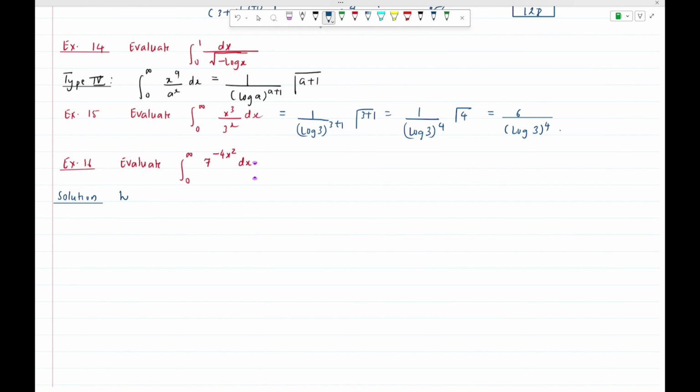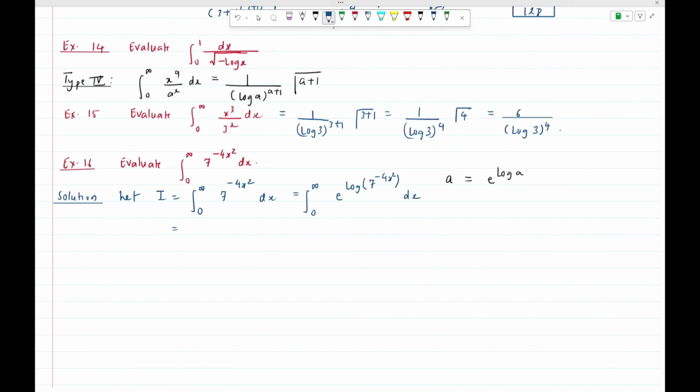So we begin with: let I be equal to the integral from 0 to infinity of 7 power minus 4x square dx. Now we use a simple expression: any number a, we can rewrite as e raised to log of a. So we are going to perform that over here. So this is the integral from 0 to infinity; now 7, we can rewrite as e raised to log of 7, minus 4x square dx.